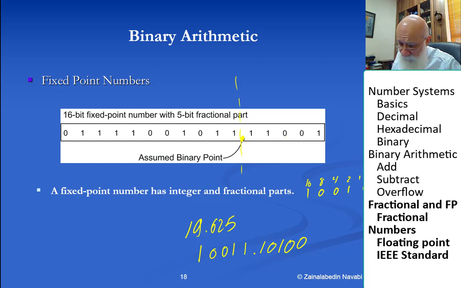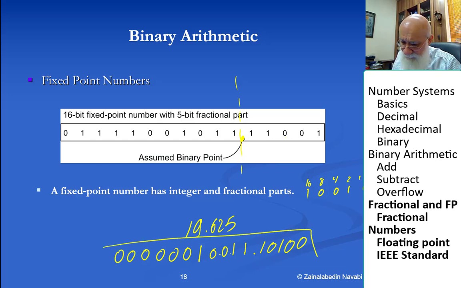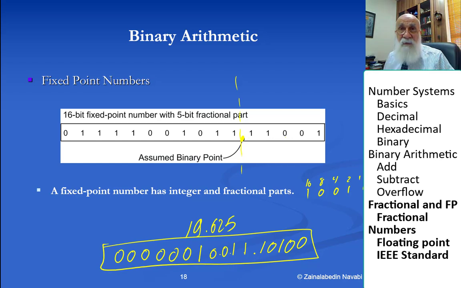Together, 1, 2, 3, ... 15, 16, that's a 16-bit fixed point with 5-bit fractional part representation for the number 19.625. Well, that's fine. That's an easy way of doing it.